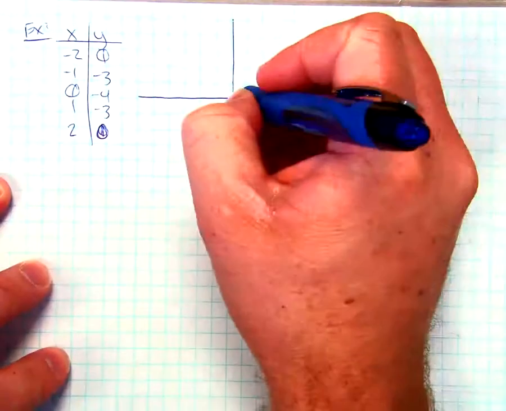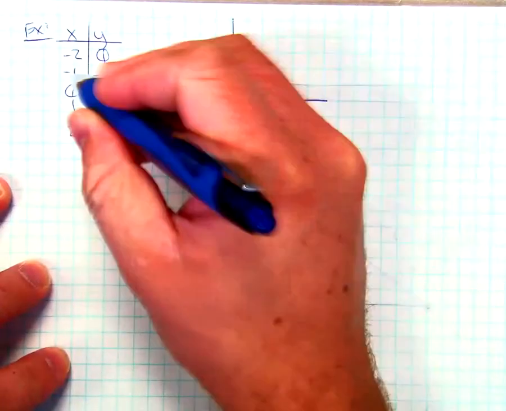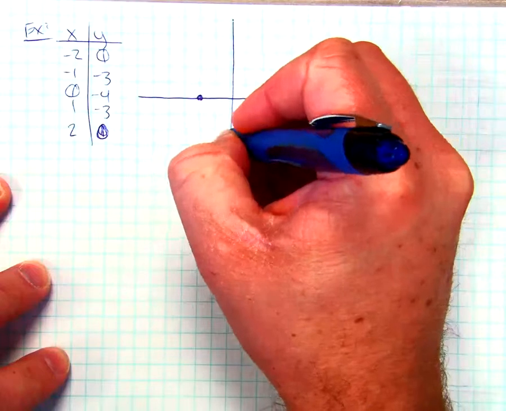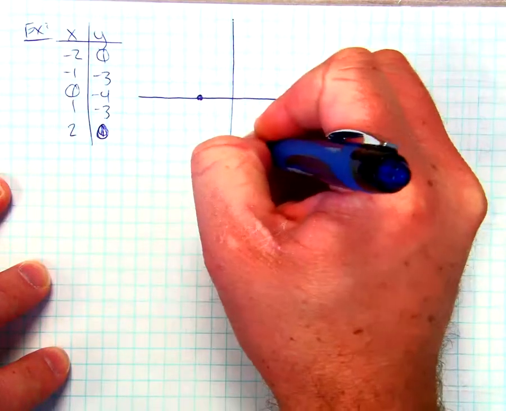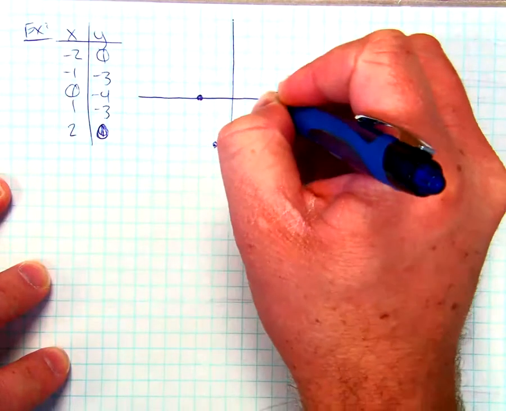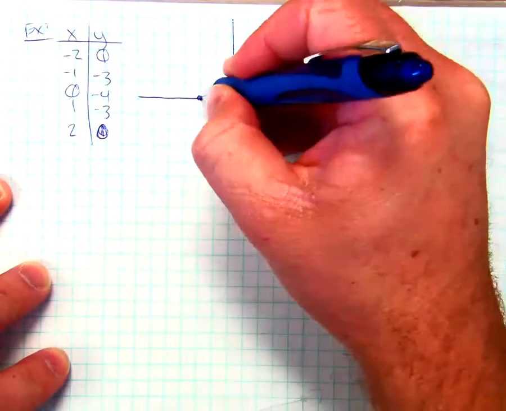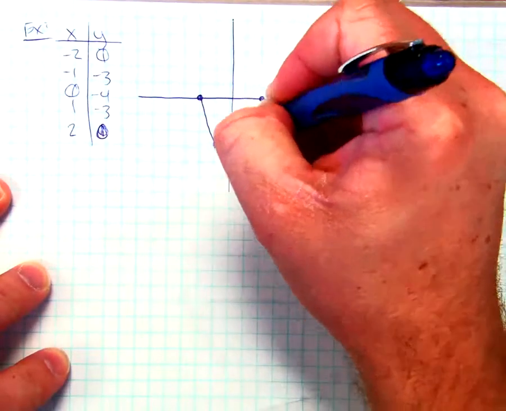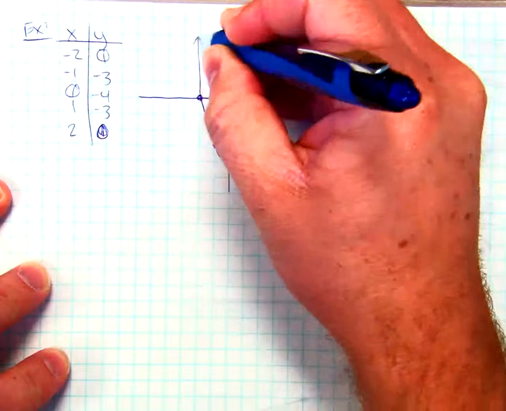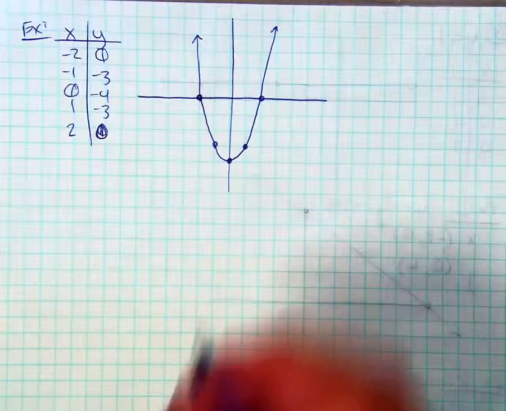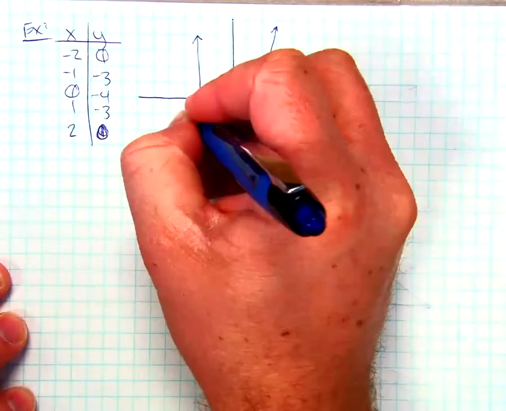So -2, 0, left 2, up 0, -1, -3, 0, -4, and then the rest of these repeat. And when we connect them all to make a parabola, our x-intercepts are right here.